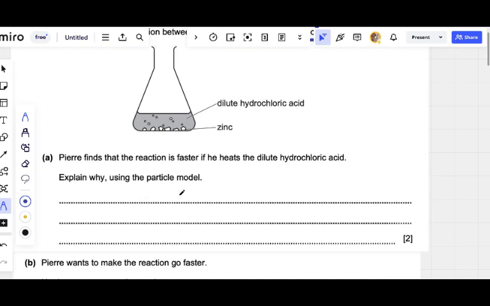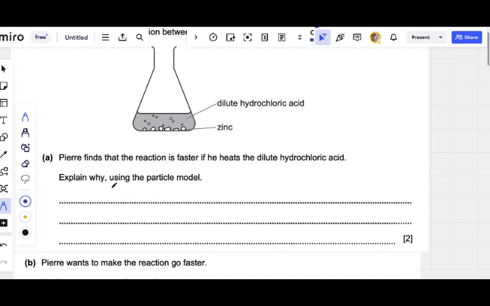If you increase the temperature of the acid, that means you heat the acid, the heated acid is able to melt the lumps as fast as possible.